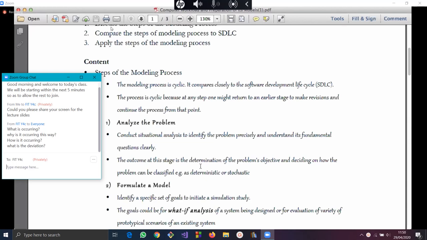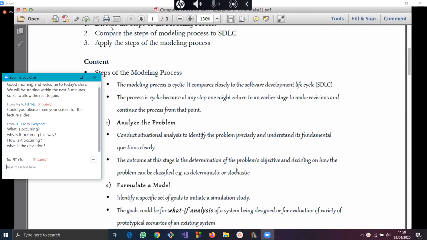So when this interaction does not lead to the solution that you want, it means it's a deviation. So then the question is, what is causing this deviation? How did it occur? Why is it occurring? Then from there, you will be able to fully describe the problem. So that is the starting point in conducting what we call situational analysis.